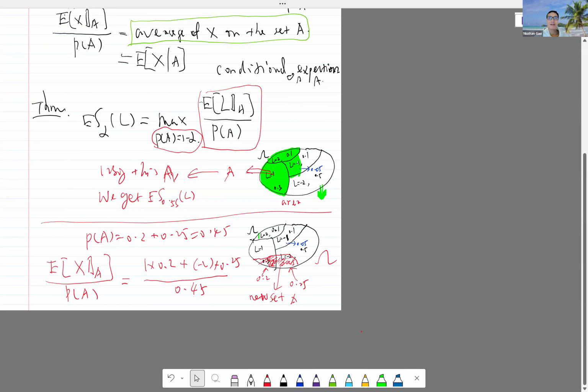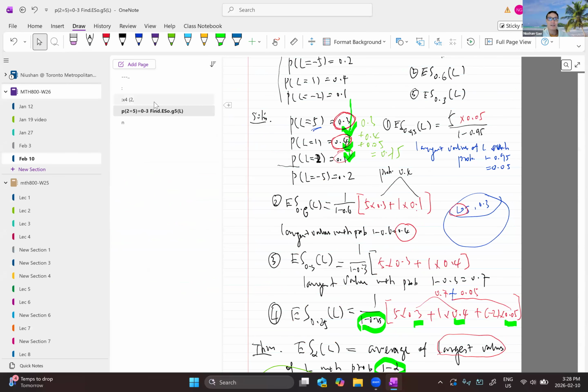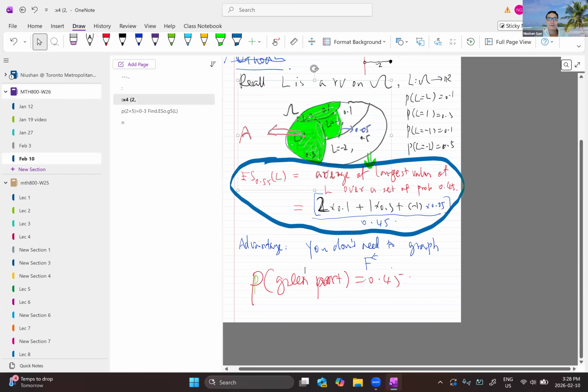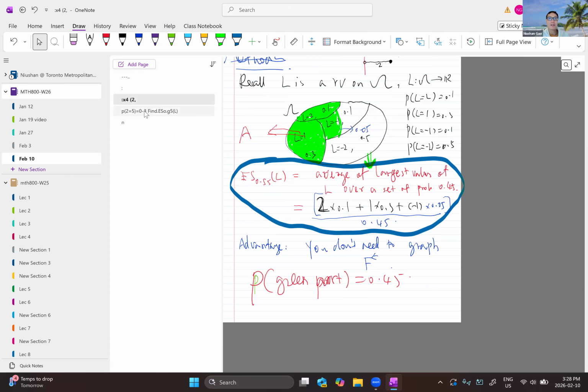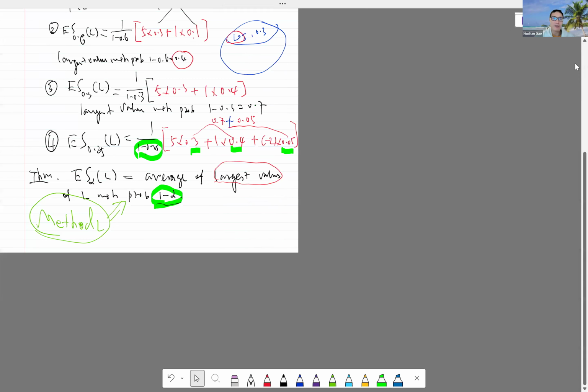Okay. So this theorem is actually a more general case of this theorem. Maybe I should call this a corollary.